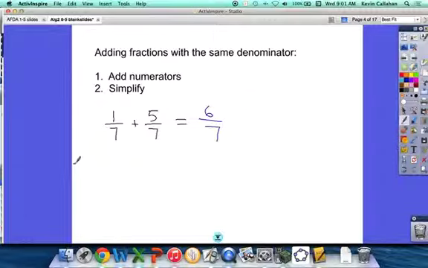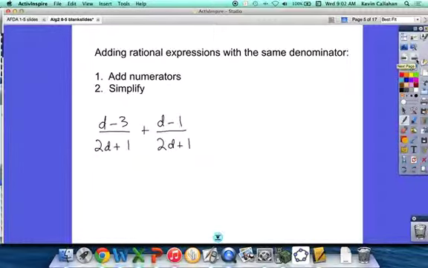But I'm going to tell you that when we get this with the rational expressions, every time, most say, I don't know what to do. But it's the same thing. If we have rational expressions with the same denominator, what are you going to do? Add the numerators, right?